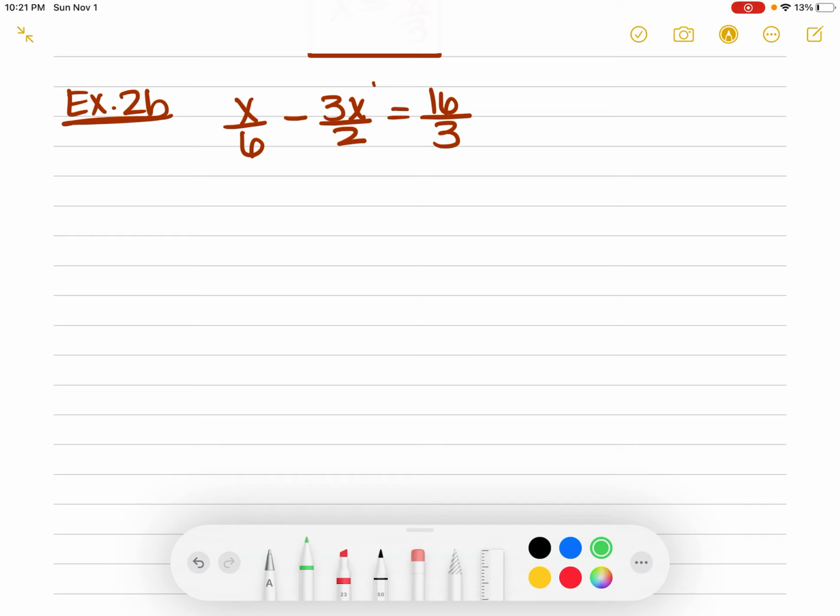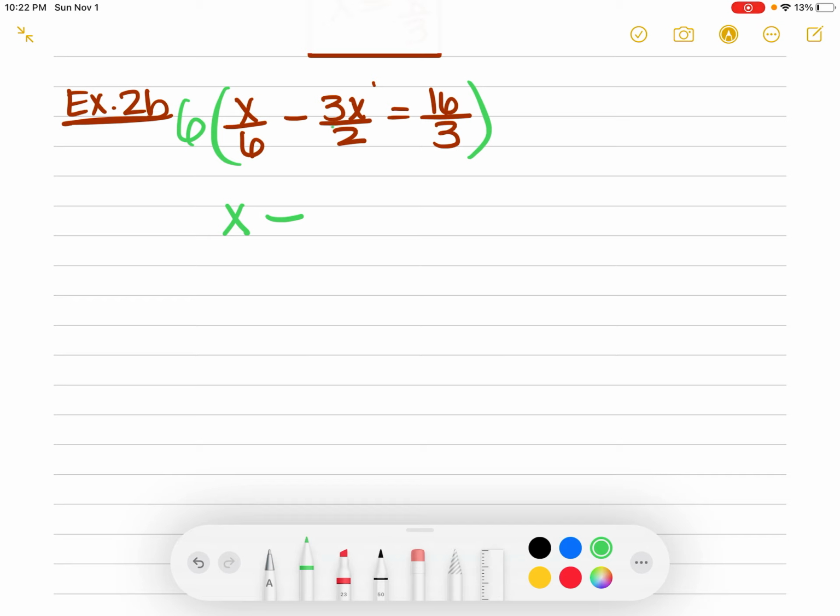Okay, let's go ahead and solve this one. I have a 6, a 2, and a 3 as my denominators. So my common denominator would be 6. So I'm going to multiply everything by 6. Okay, when I multiply this first one, those just cancel each other out, and I have x left. So I would just have x on that first one.